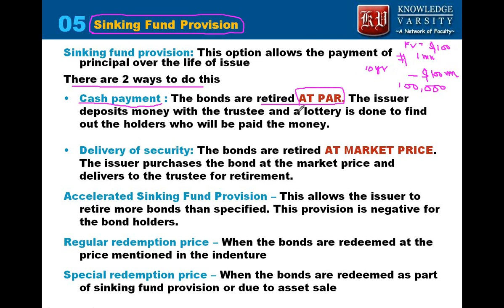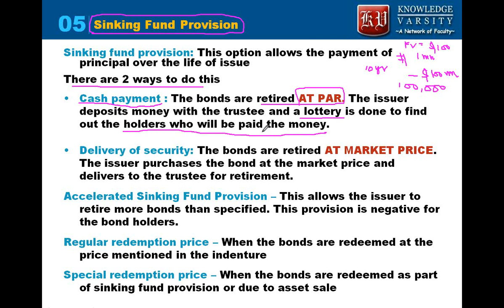Since the price in the market can be different than $100, it is the issuer's responsibility to find out the investors who will be selected at random. So a lottery is done to find out the holders who will be paid the money.